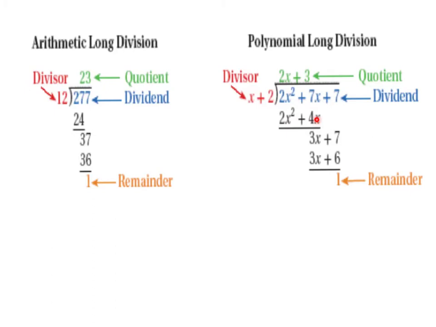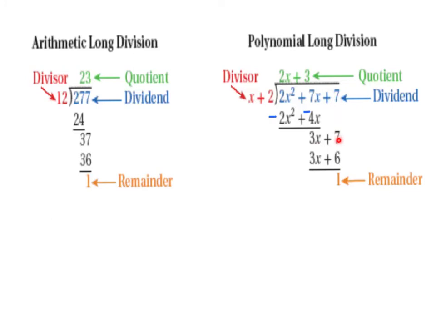Now, at this point, we're going to change the signs and add. Now, when I change the signs and add, we're going to change that to a negative, change that to a negative right there, and when we add down, 2x squared minus 2x squared gives us 0, so it's gone. You have 7x minus 4x gives us 3x, and then I carry down this 7.